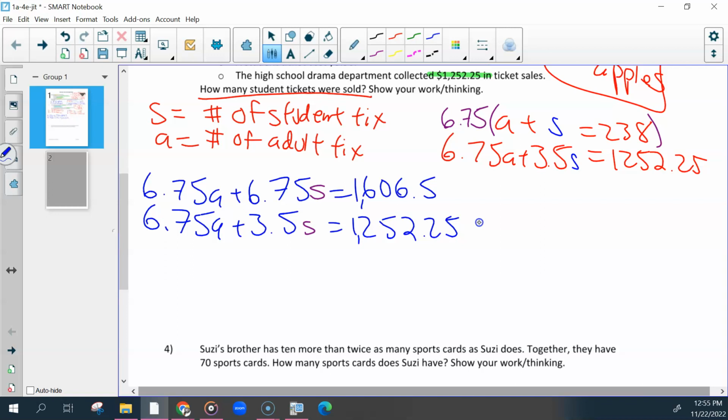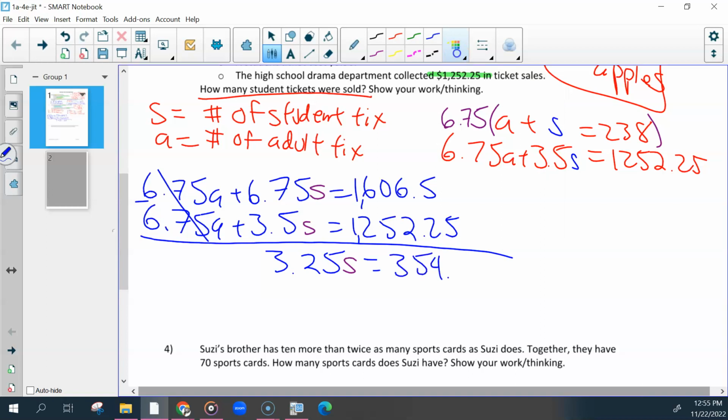Then to eliminate our A's, we could subtract. So our A's would cancel. This would give us 3.25S, and then this would give us 354.25.